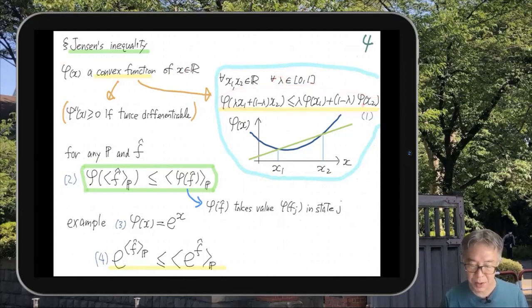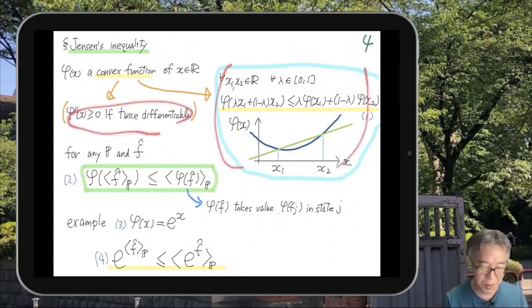This simply says that the graph of phi is below this line connecting here and here. Okay, so this is the definition. And if you accept this definition, you can also prove that the graph really looks like this. So phi is below this straight line here, and it's not below this straight line in this region. Anyway, this is more mathematical, so probably this is enough.